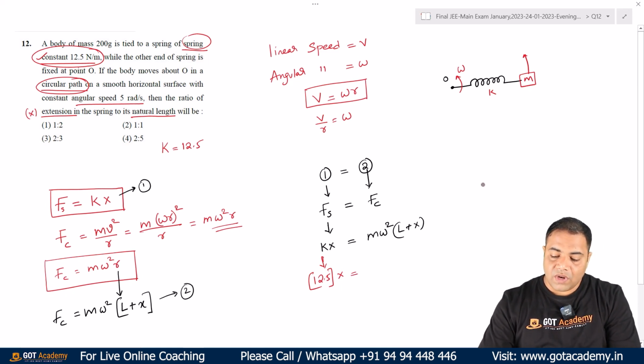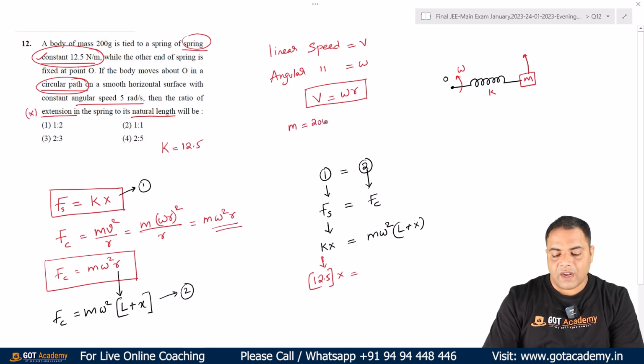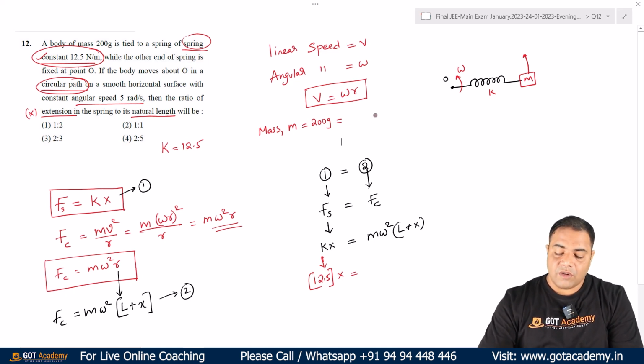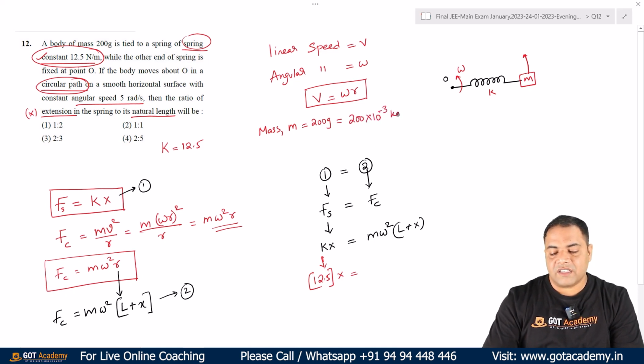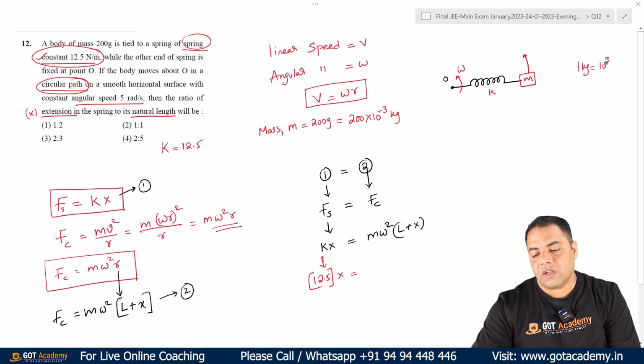We have to write it in kgs as a system unit. So 200 grams, where m is the mass, in kgs means 200 by 1000. Or you better write 200 into 10 to the power of minus 3 kg, because 1 kg is 10 to the power of 3, that is 1000 grams.